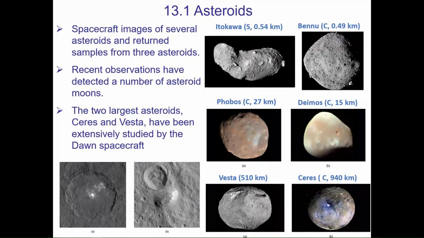And if you look at the appearance of these two large asteroids, you can see clearly one of the most dominant features is impact cratering, right? As well as Ceres compared to Vesta. So if you still remember, a lot of craters just means the surface is very old. It does not really undergo a lot of surface activity.